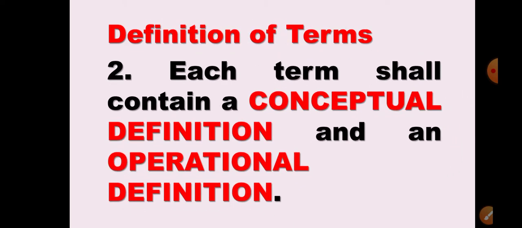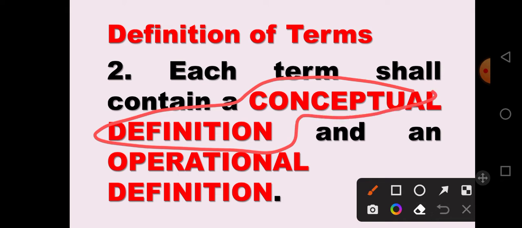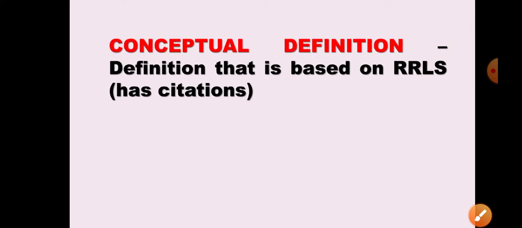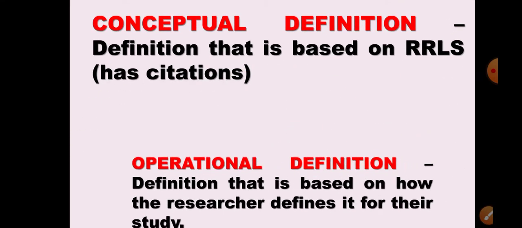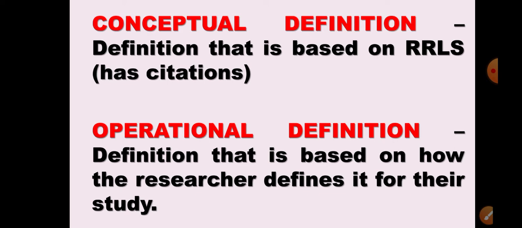Each term shall contain a conceptual definition and an operational definition. Again, the conceptual definition is based on RRLs and has citations, while operational definition is based on how the researcher defines it for their study.